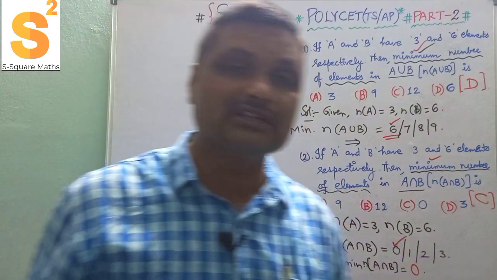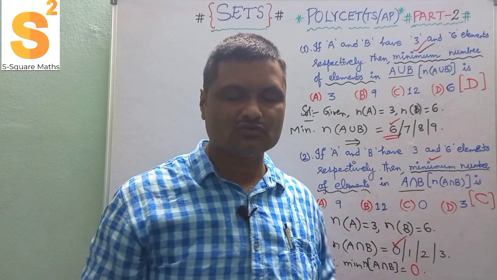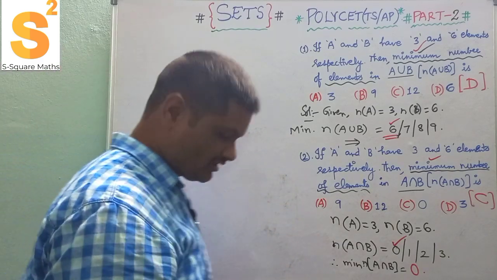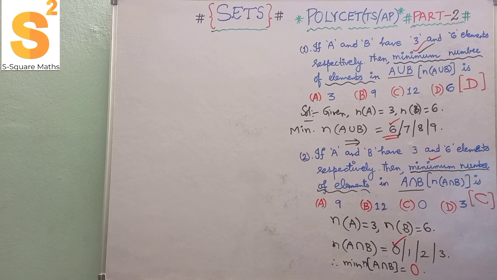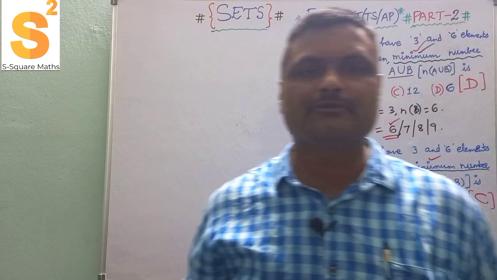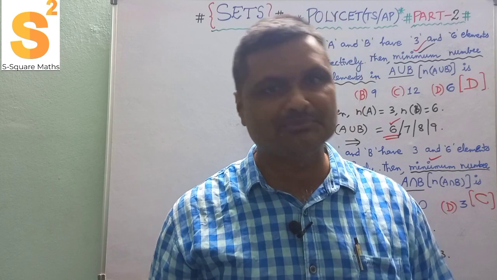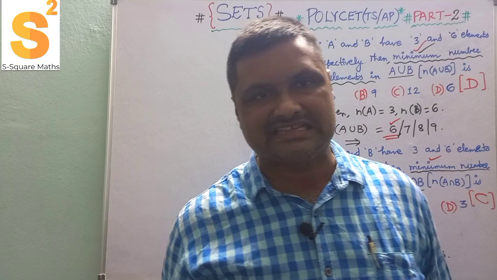You should know the concept of A union B and A intersection B and the cardinality of two sets. These two are important problems once you have a look. You have to do this type of problem carefully in competitive examinations in a short span of time, 30 to 40 seconds.